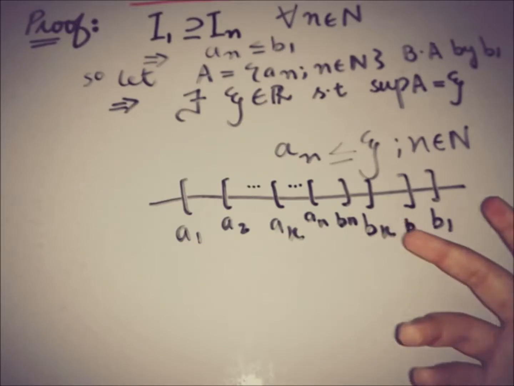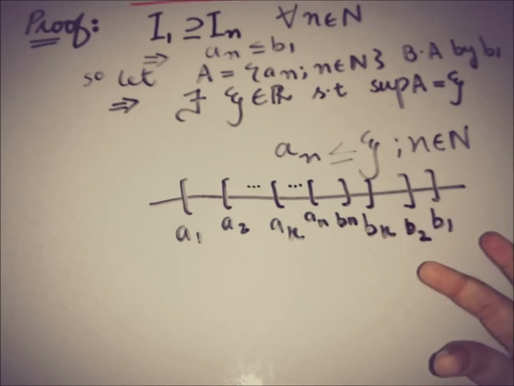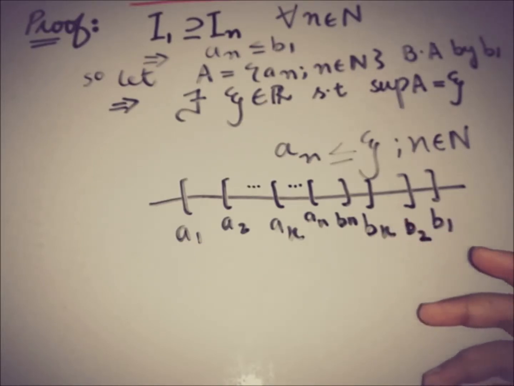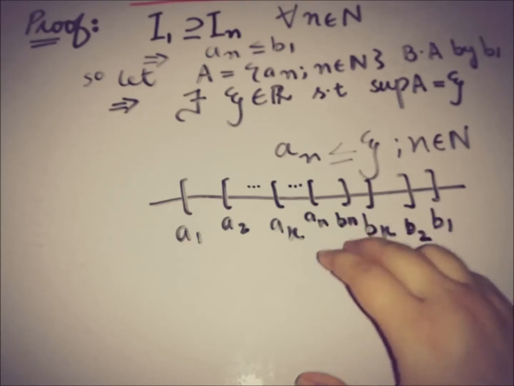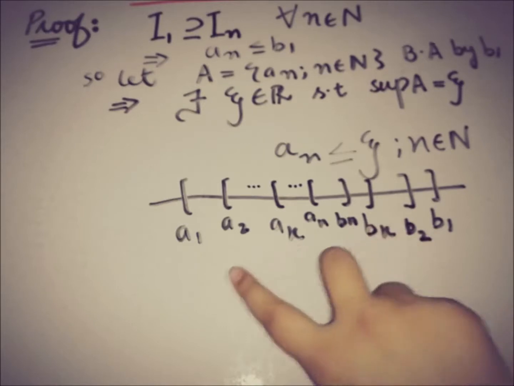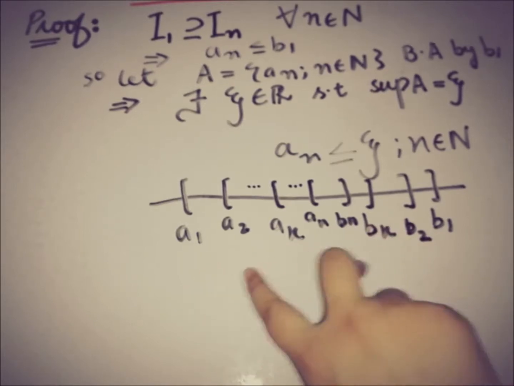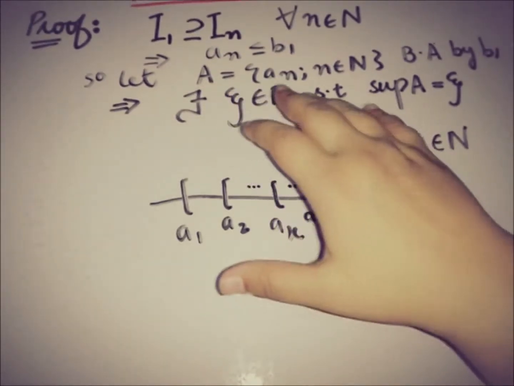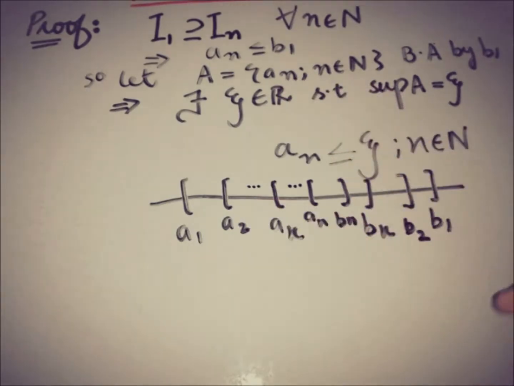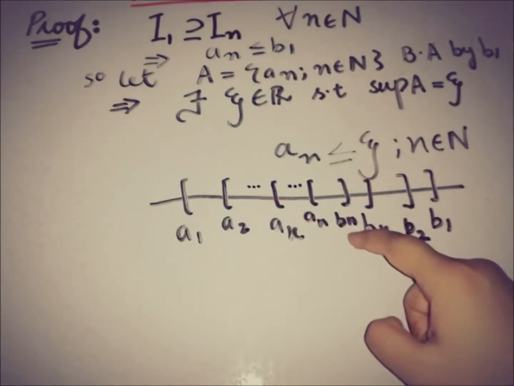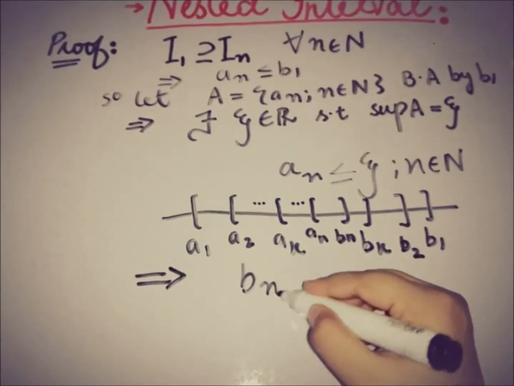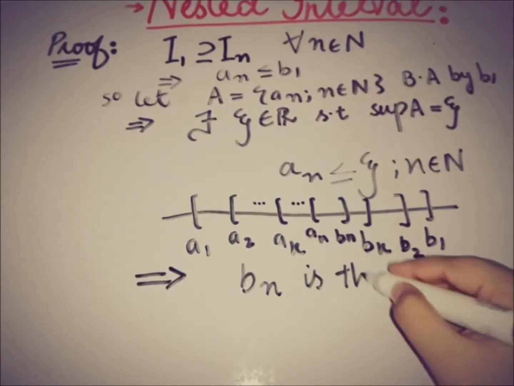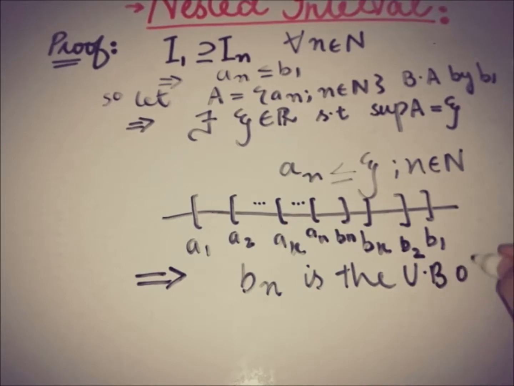It is strictly greater than, or possibly equal to, some of the a_i, but we can also say that Bn is assumed to be the upper bound of all of these a_i, all of these elements that are in A. More precisely, Bn is assumed to be the upper bound of the set A. So we can write that Bn is the upper bound of the set A.